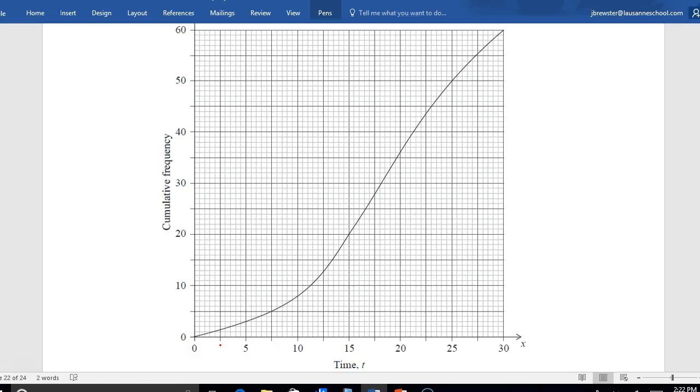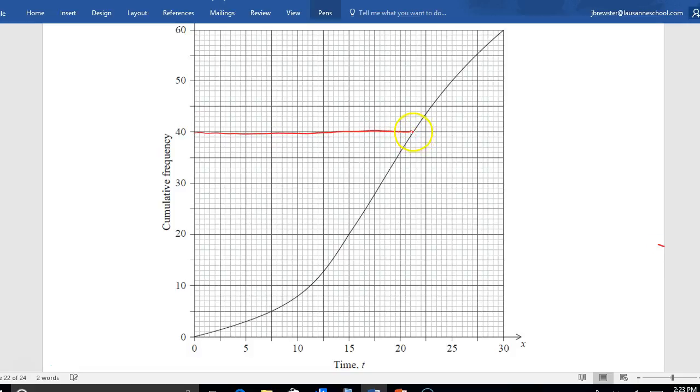I can't see the question, so let me flip to my page. Here we go. Question E, part 1, for the people who were surveyed, use the graph to estimate the time taken for the first 40 people to drink their coffee. Well, all you have to do is go up the axis to 40 and go straight across and see where it intersects the graph.